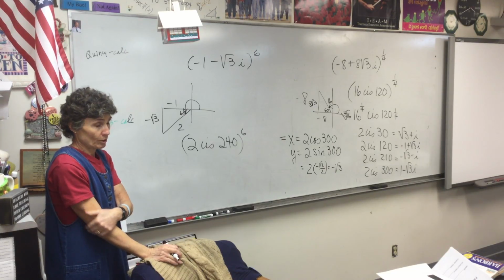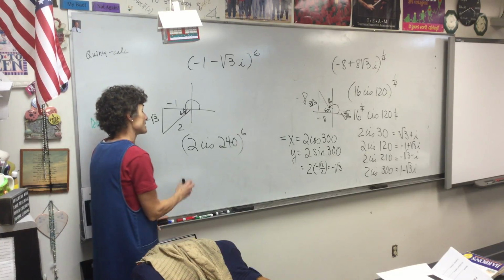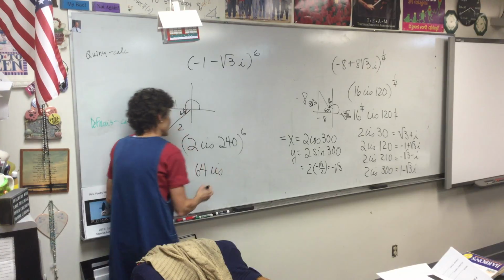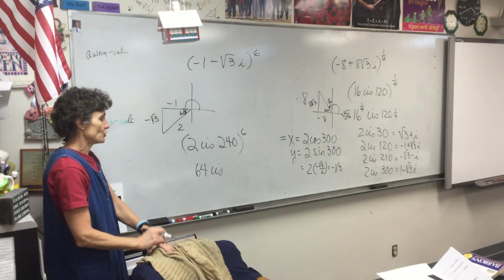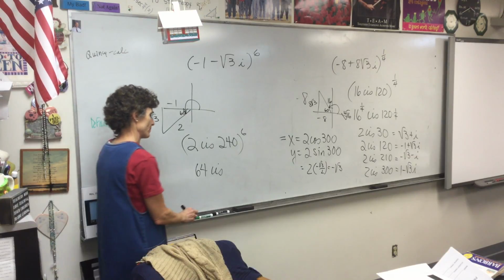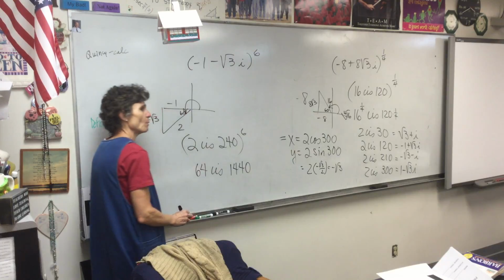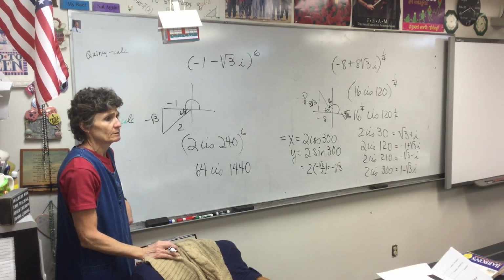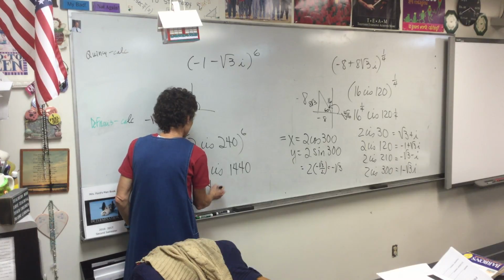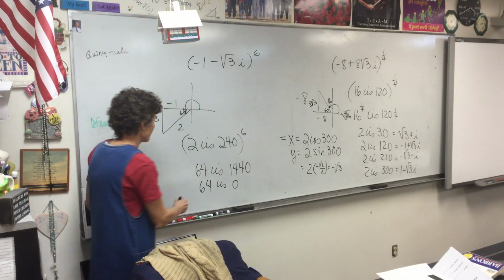How do we raise that to the 6th power? 2 to the 6 is 64. And then 240 times 6 is 1440. Way too big. Take 360s out of it, and actually, does that boil right down to 0? Yeah. That goes all the way down to 0.